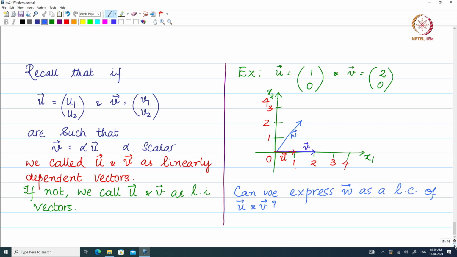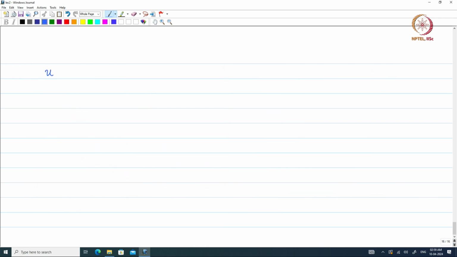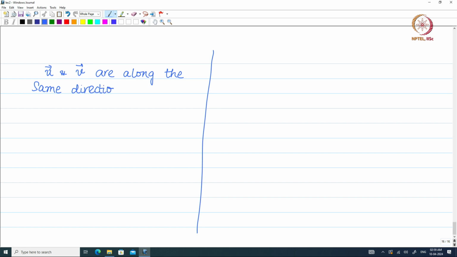Now, it is very interesting to see here that the vector u and the vector v are along the same directions, and the vector w is in a different direction.